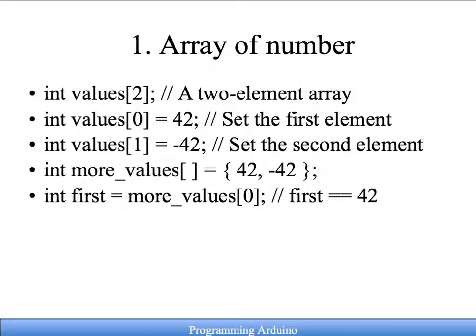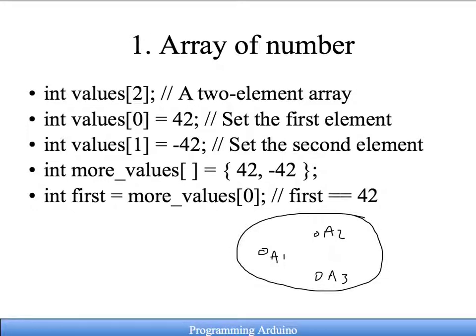Array. If you take a look at the array, it actually looks like a collection. You can see it as a collection. For example, I have a member A1, member A2, member A3, something like this. An array is a collection or a container, like a basket that you collect all the information in.